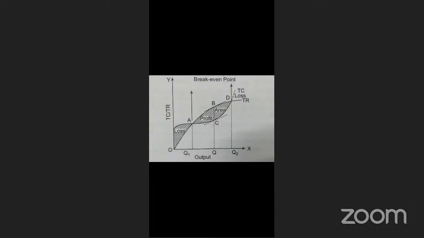First one is the condition of abnormal profit. Here is one figure. Average revenue greater than average cost.